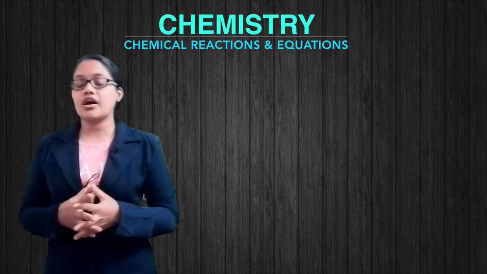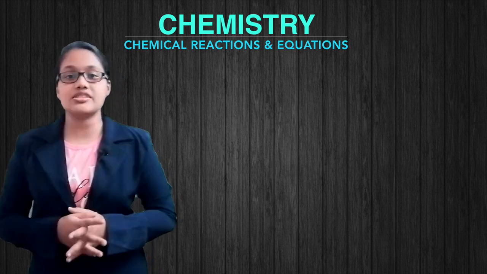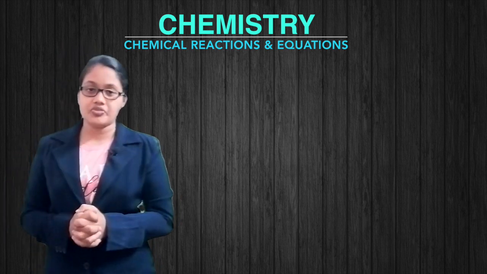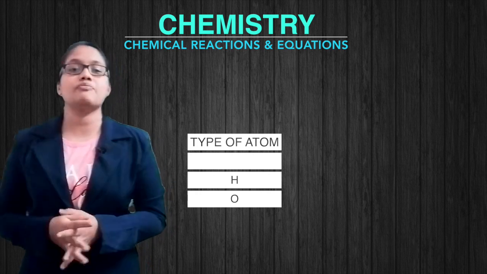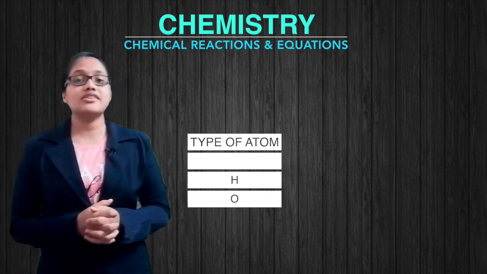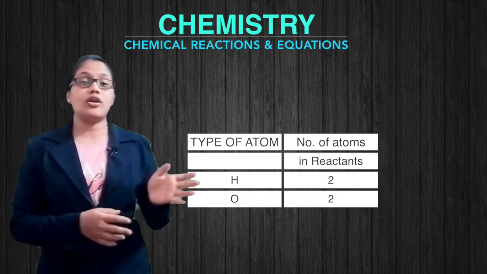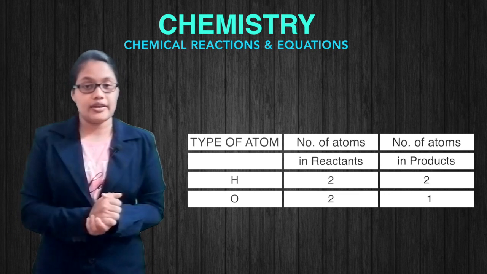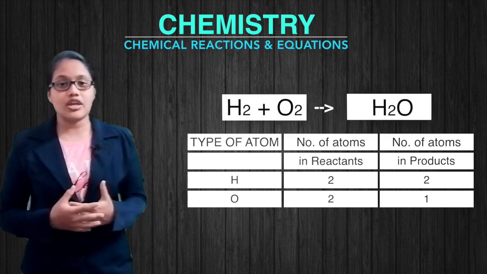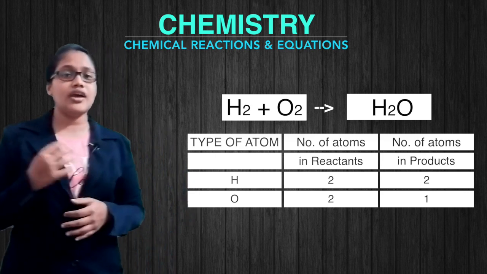So the table contains 3 columns, and the first column is about the name of the element or the atom present in it. Then the second column gives us the reactant side, and the third column tells us about the product side. So if we look into the equation, we know that we have only 2 types of atoms. They are hydrogen and oxygen.